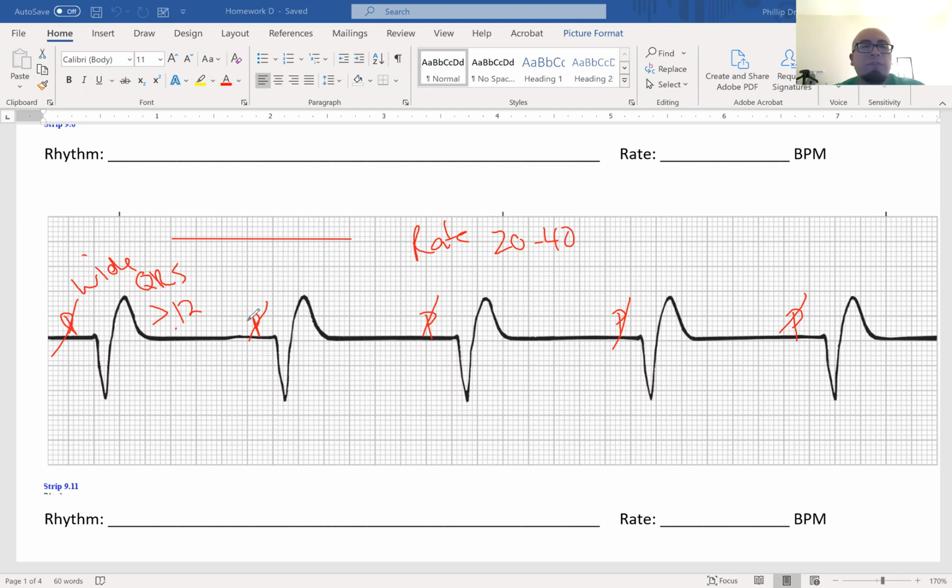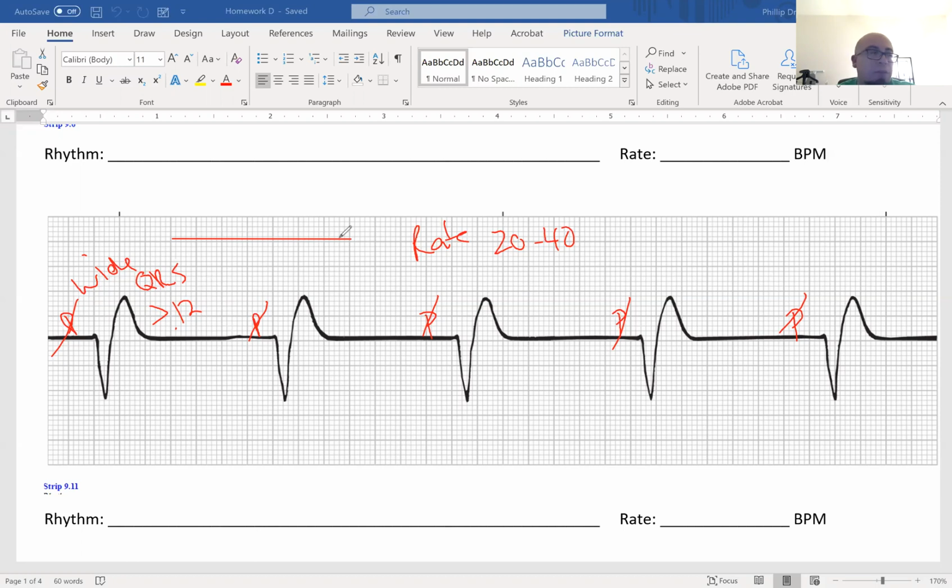So no P waves. We can't check a PR interval. We identify that our QRS interval is greater than 0.12 seconds. That's step 3, checking your intervals. Step 4, we don't have any abnormal beats, meaning we have no early beats, no late beats. Step 5 we would be checking the rate. So it would be 300, 150, 100, 75, 60, 50, 43, 37, 36 boxes.